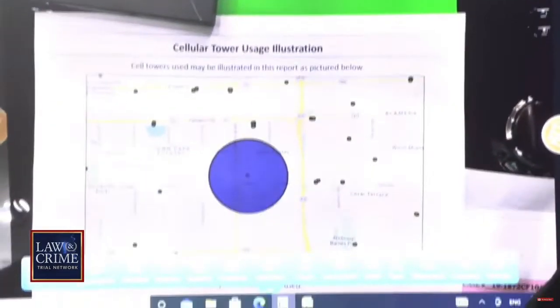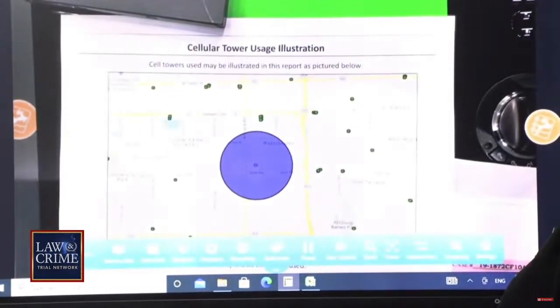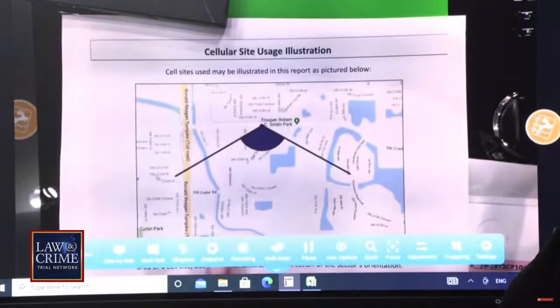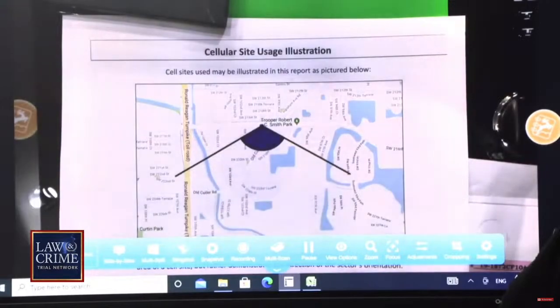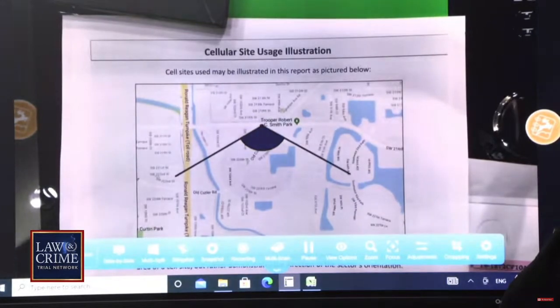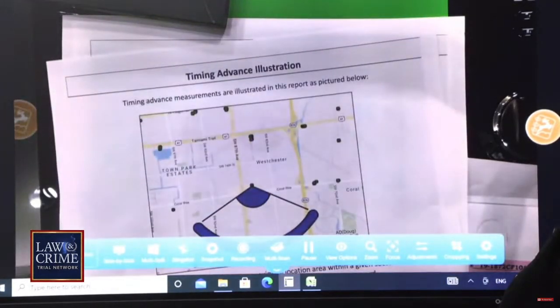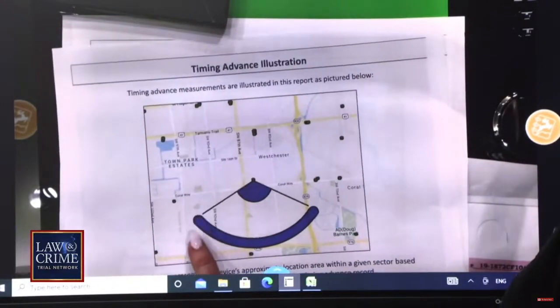Special Agent Collins, I anticipate, would testify that, for example, there is cell tower usage and how that would be displayed, so that wouldn't be confused with cell site usage. There could be the possibility that a juror would think, this is showing that the phone is somewhere in this purple area, which would not be correct, as opposed to, for example, a timing advance illustration, which in this case the witness can testify that the phone is somewhere in this band.